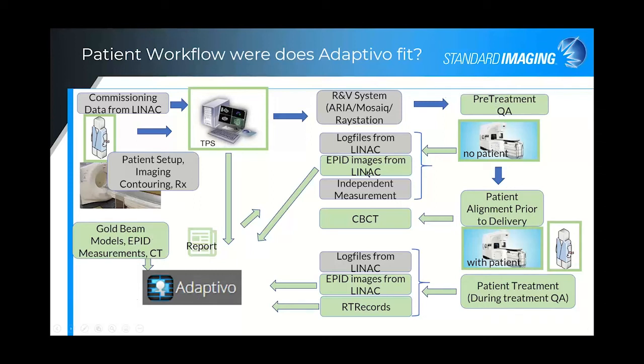Down through the pre-treatment QA, you can do pre-treatment QA based on the EPID images. And of course, when the patient is aligned, the cone beam CT is integrated into Adaptivo. And we also have the EPID images and RT records coming at the time of the planned delivery. And of course, there's always reporting for your verification.